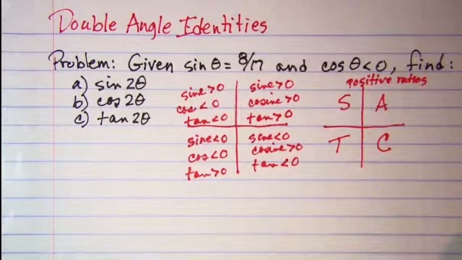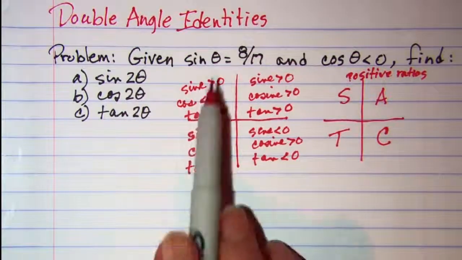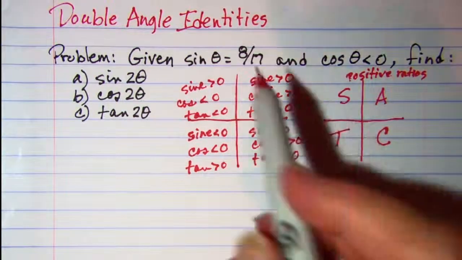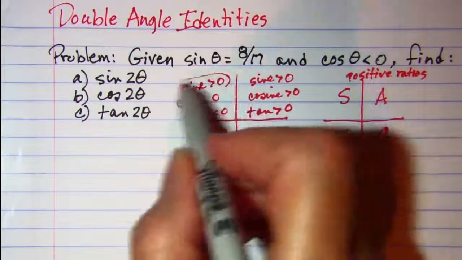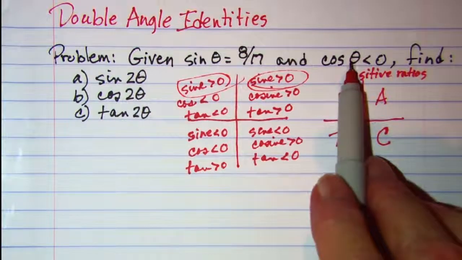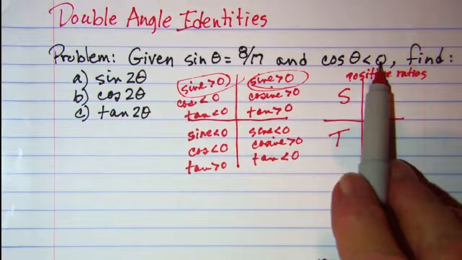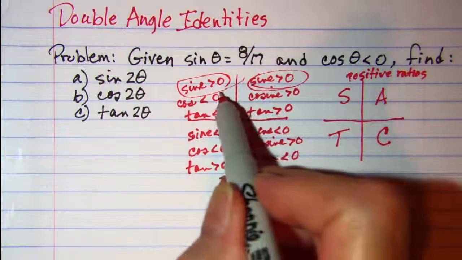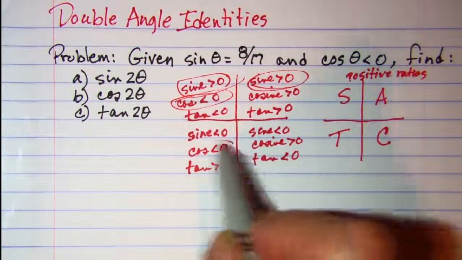So, because our sine ratio is positive, that's this one and this one, and our cosine ratio is negative, less than 0, that means here and here.